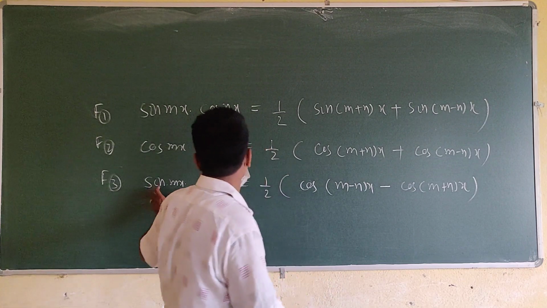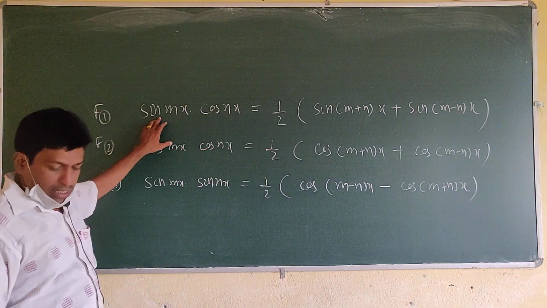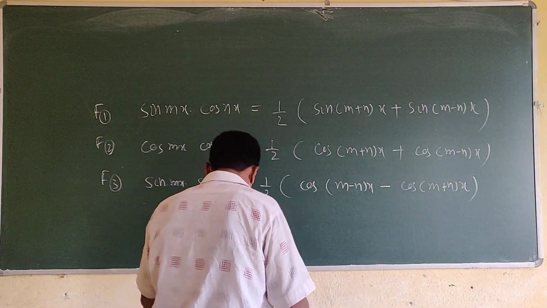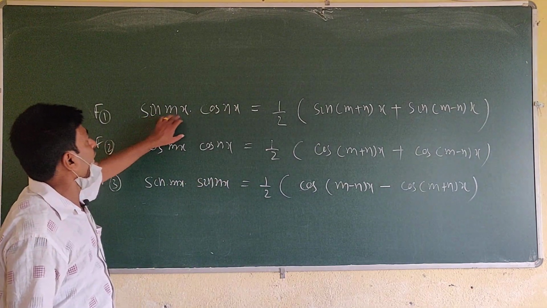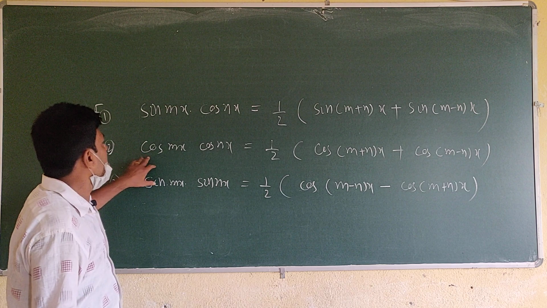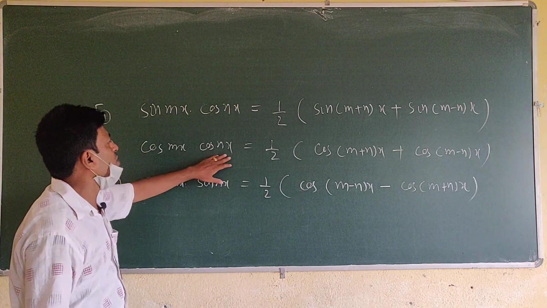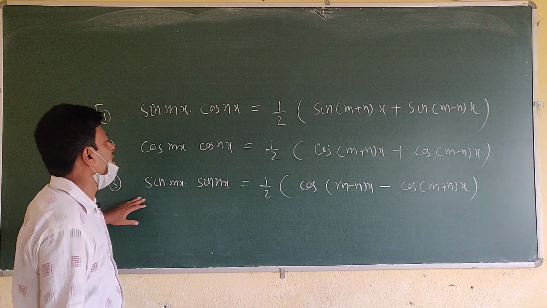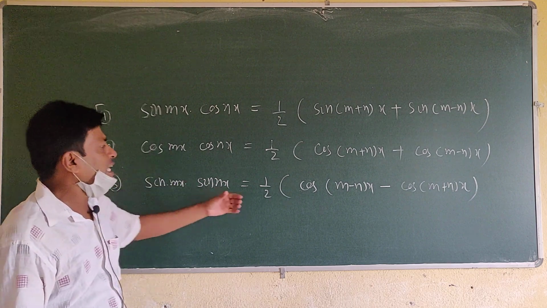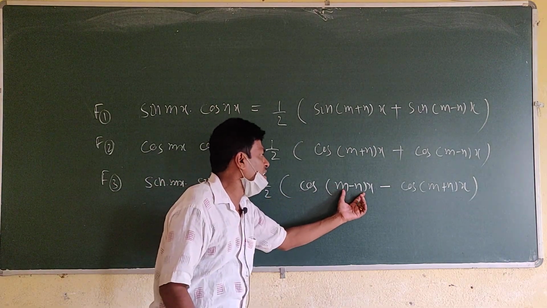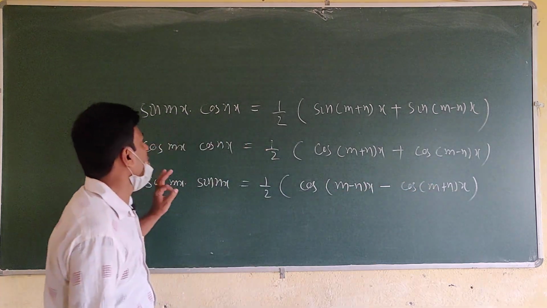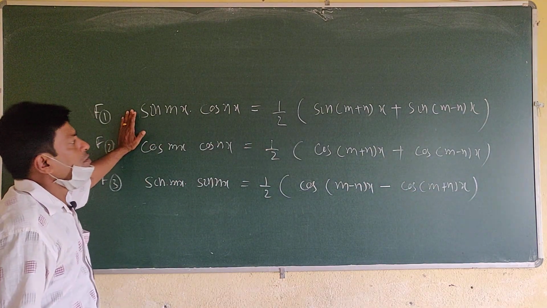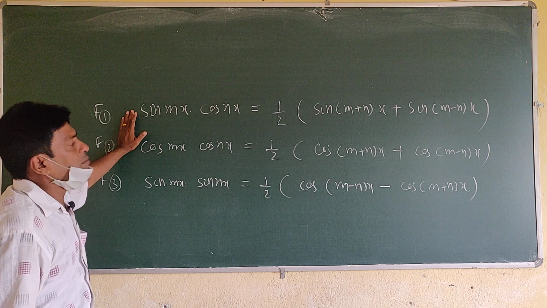Look at that third formula; sin and cos are used alternately. If it is the sin form, then cos (m minus n) comes first, then cos (m plus n). Remember this, otherwise you will be confused in the integrations.